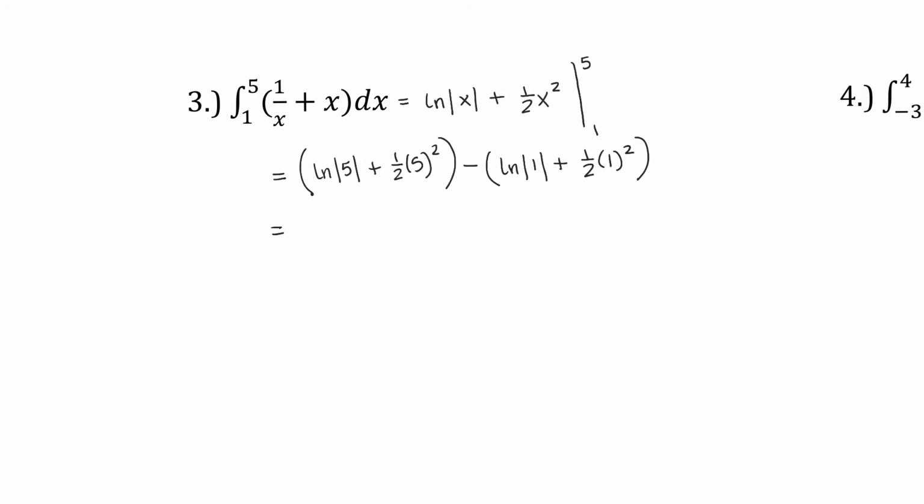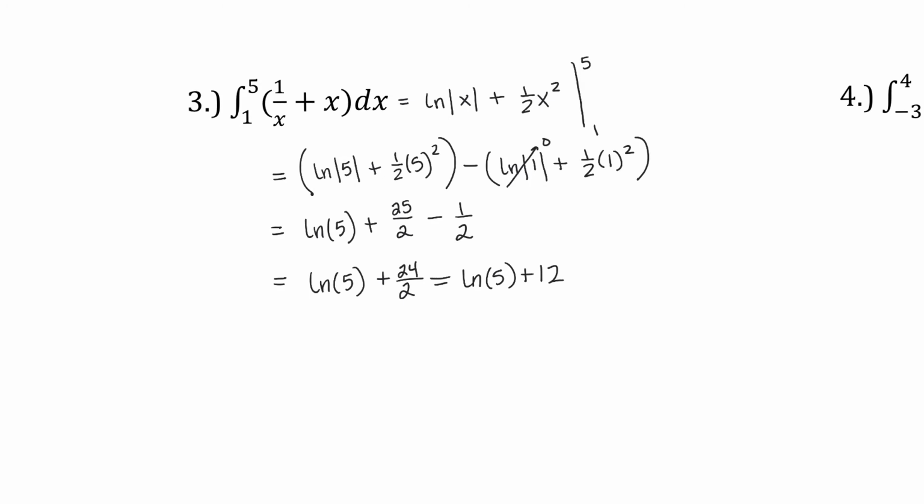So the absolute value of 5 is just 5, so I'll have natural log of 5 plus 25 halves minus natural log of 1 is just 0, and then 1/2 times a 1 squared is just a half. So I'll end up with natural log of 5 plus 24 halves, which is just 12. So I have natural log of 5 plus 12. Not too bad.